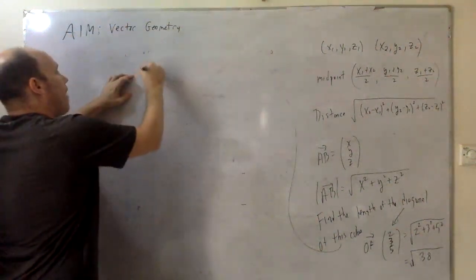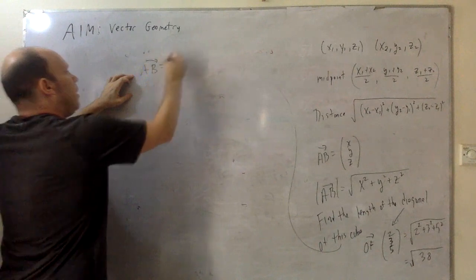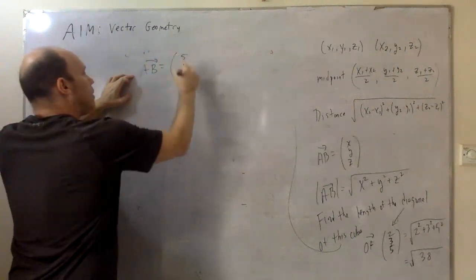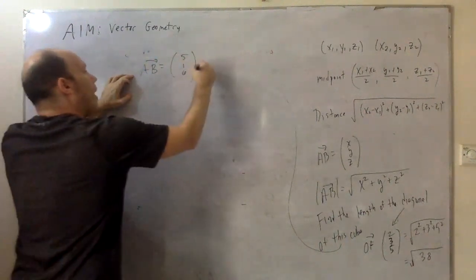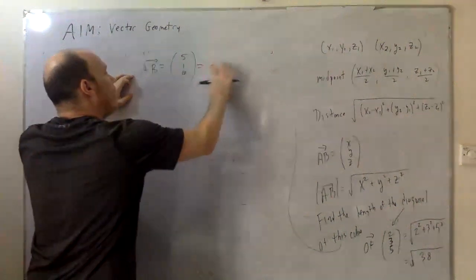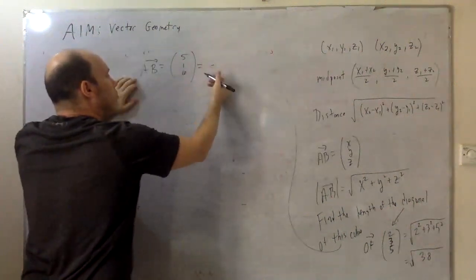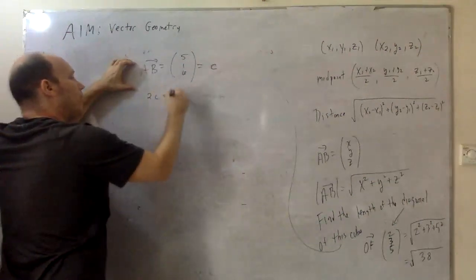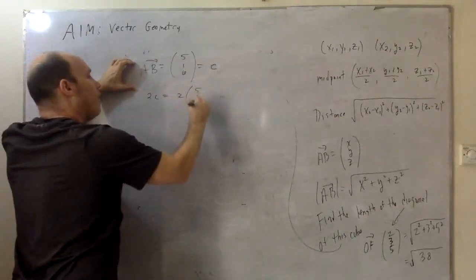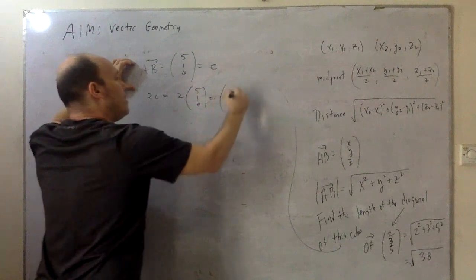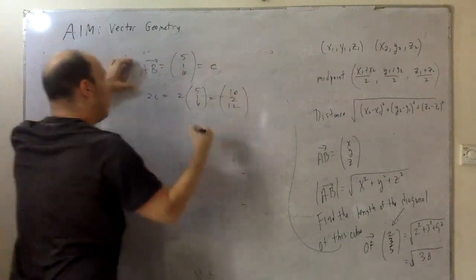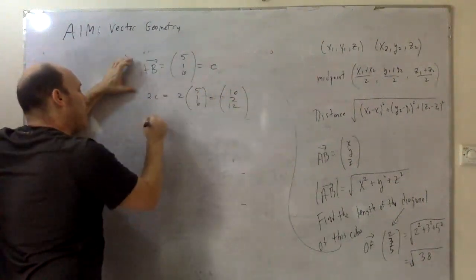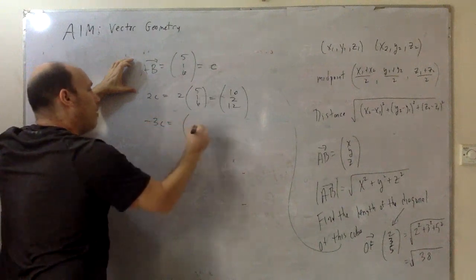For example, let's say I have a vector AB that is 5, 1, 6, and let's call that C. So 2C is simply 2 times 5, 1, 6, which is 10, 2, 12. What is negative 3C?